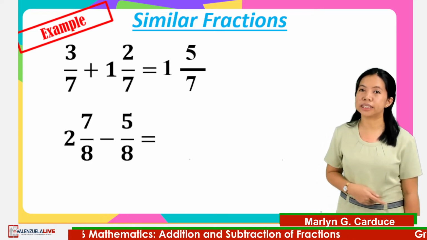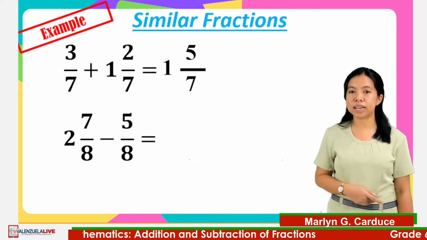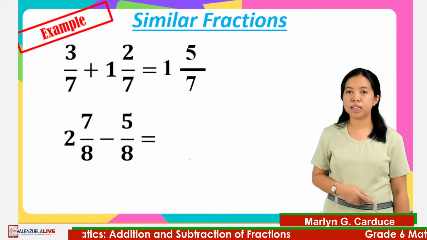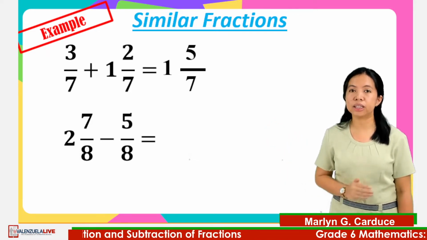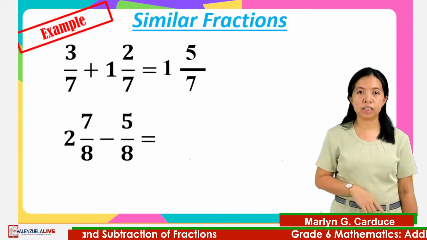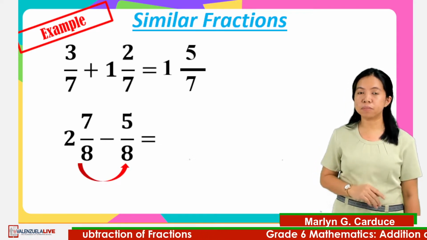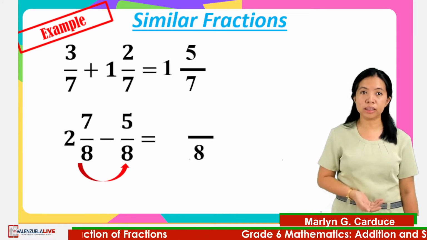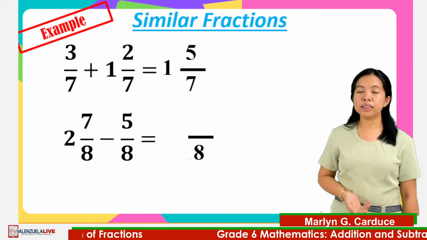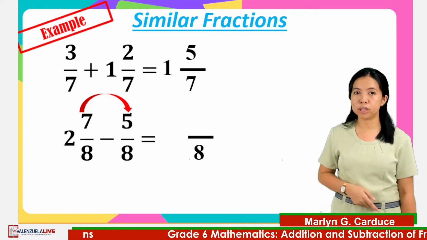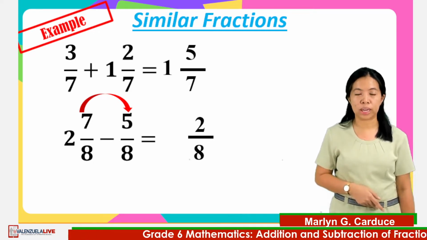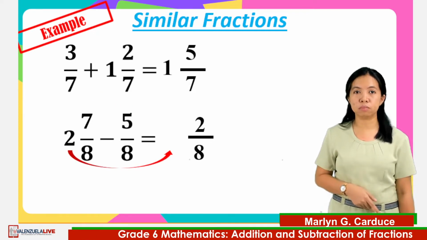Another example. This time, let us subtract the fractions 2 and 7/8 and 5/8. So again, let's copy the common denominator 8 and then subtract the numerators. 7 minus 5 equals 2. And then write down the whole number 2.